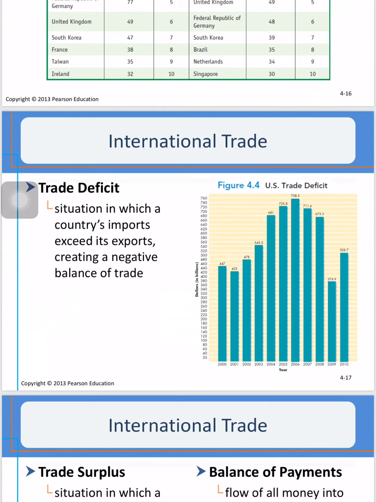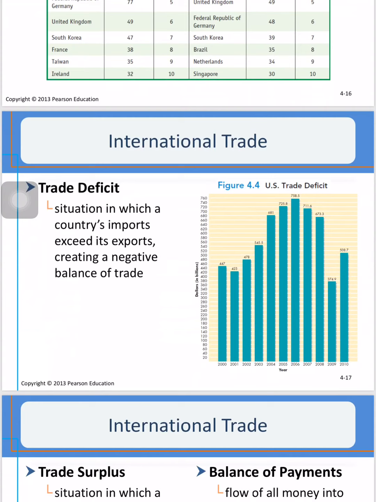Between 2000 and 2010 there was a deficit in each of these years because more money flowed out to pay for foreign imports than flowed in to pay for US exports. This is what happens when your imports are more than your exports.